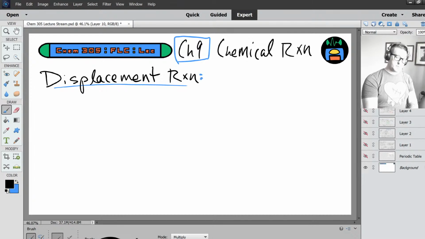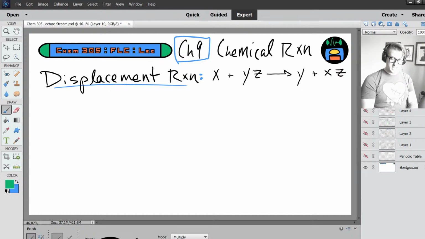In a displacement reaction, you have some compound X reacting with YZ, and it produces Y plus XZ. The reason why this is called a displacement is because you'll notice that on the reactant side, X is by itself, and on the product side, it ends with Z. Whereas if you compare this to Y, Y starts with Z on the reactant side and ends alone.